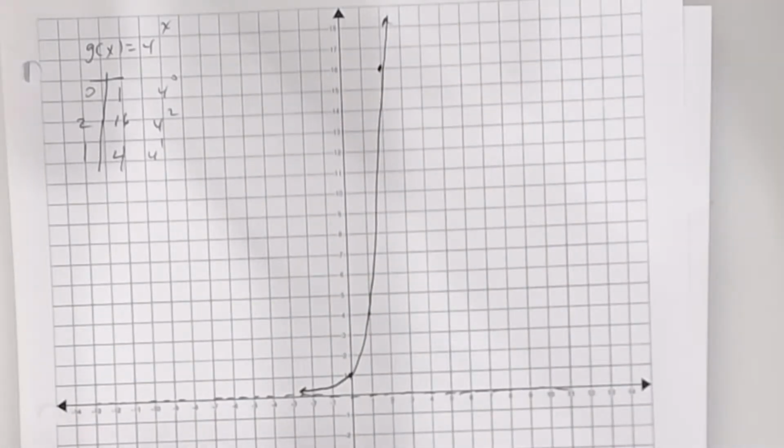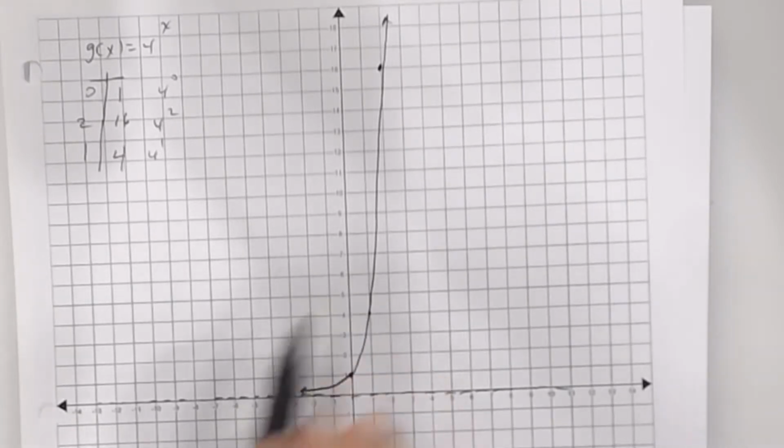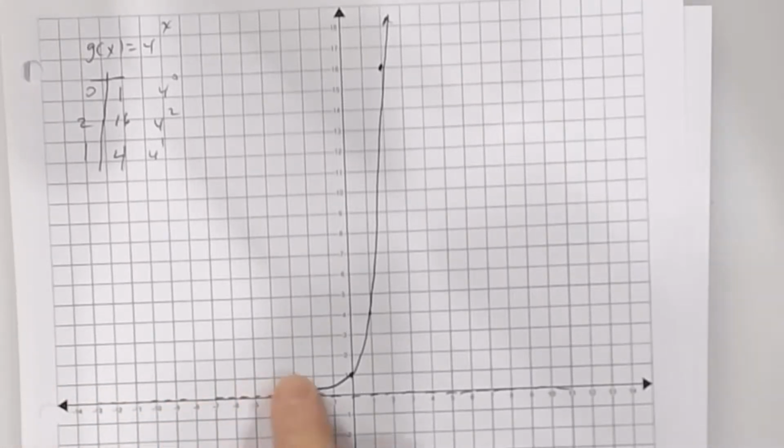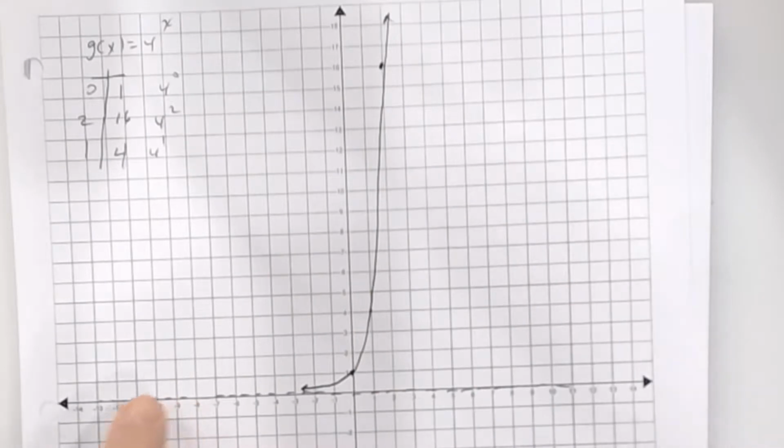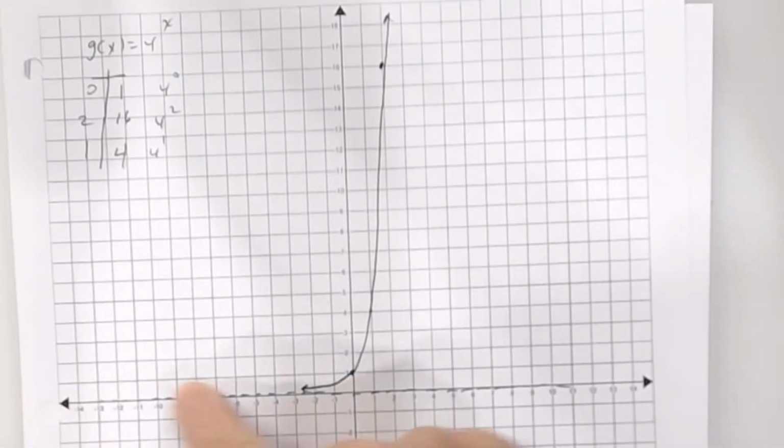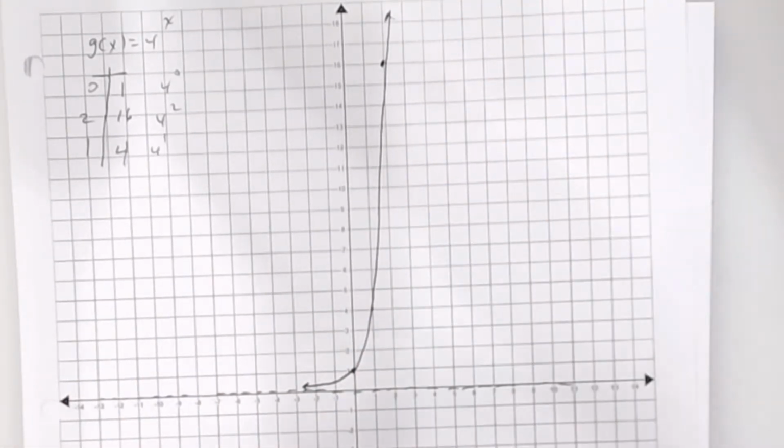But remember, you always read a graph from left to right. So as I go from left to right, my y values are doing what? Increasing. All right. So one of the things you're going to be asked is: is this exponential function an increasing function or a decreasing function? It's increasing, because as you go from left to right, your y values are increasing. Okay? And you're done. That's it.